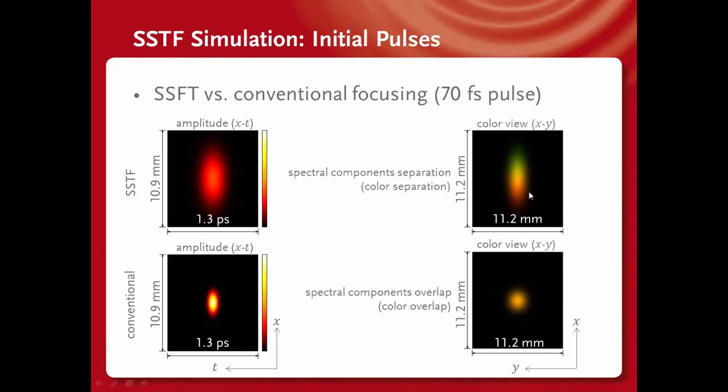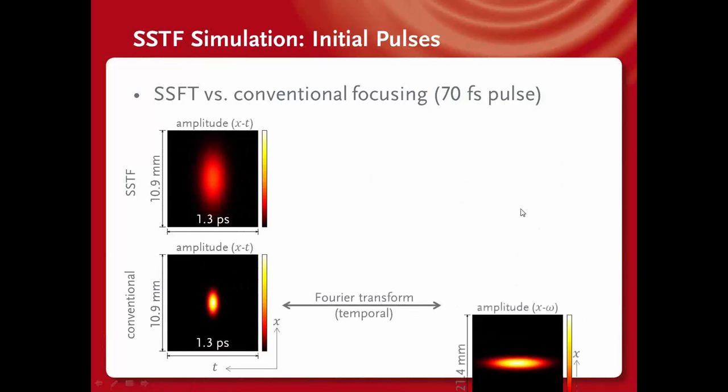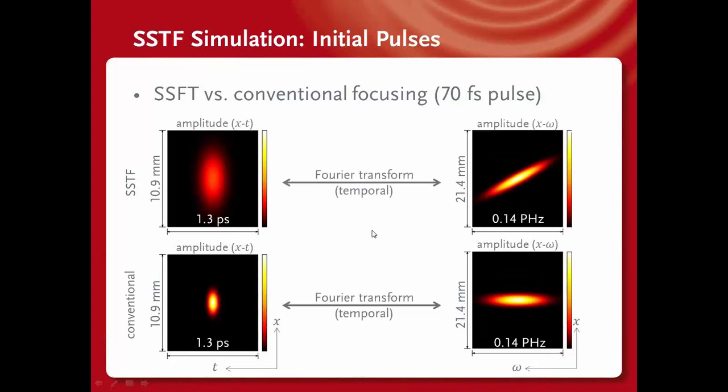And here you also see it in a color mode. Here you see really clearly that we have separated spectral components, separated colors. And here in the lower region, the conventional focusing setup, we don't have this separation. So if you now evaluate again the pulse along an x-axis, and we now, for example, do a Fourier transformation, then we also can see here some tilt in the x omega domain.